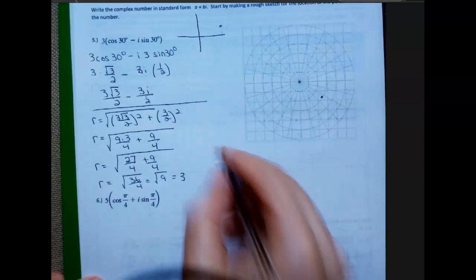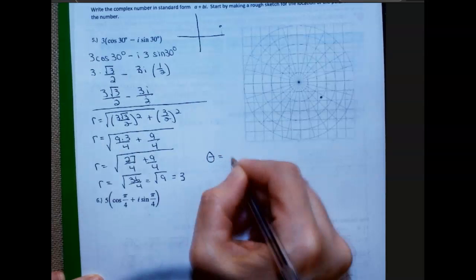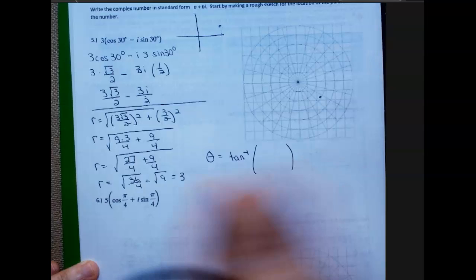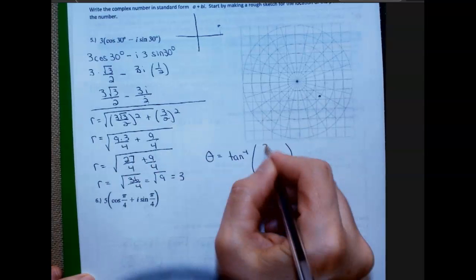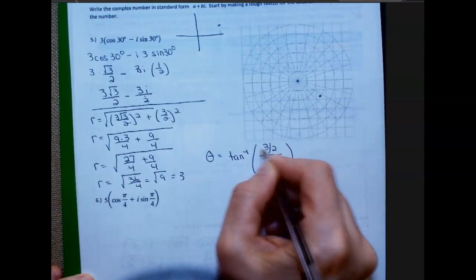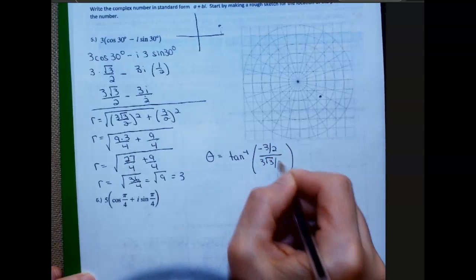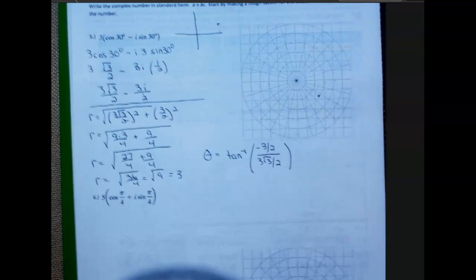Now we need to find that angle. So again, we've got inverse tan of negative 3/2 divided by 3 radical 3 over 2. Couple things I can do.